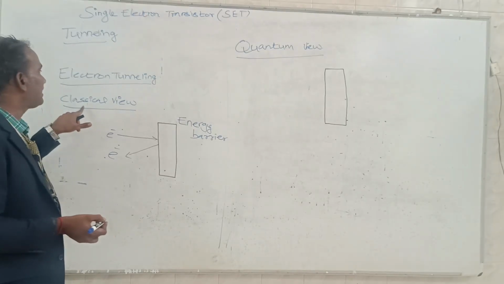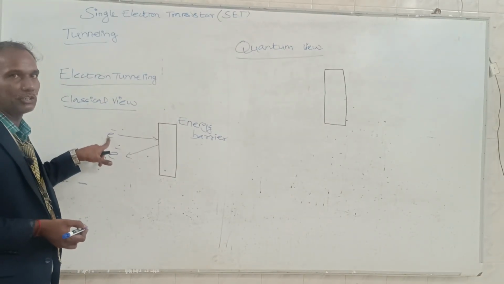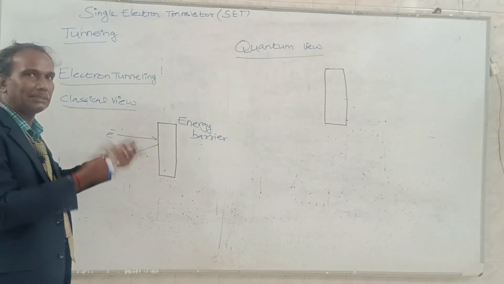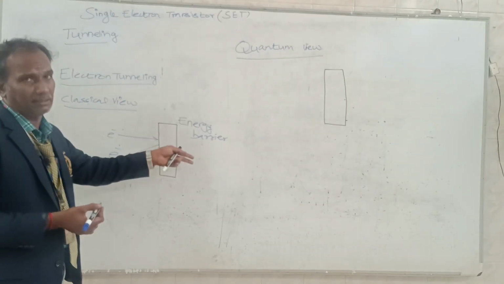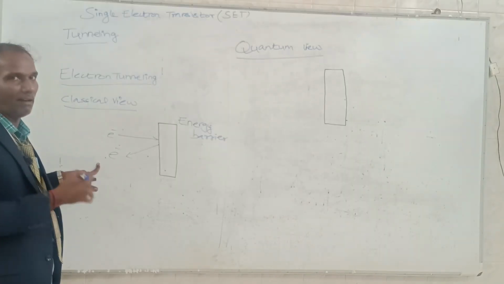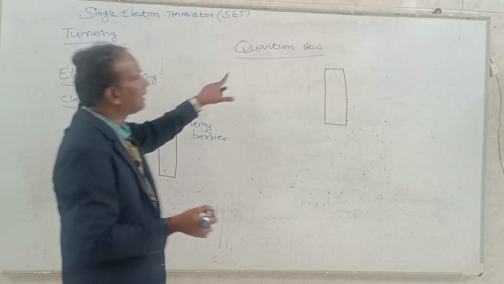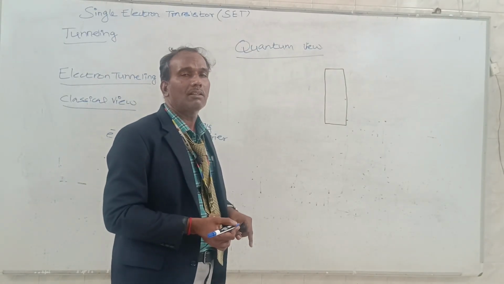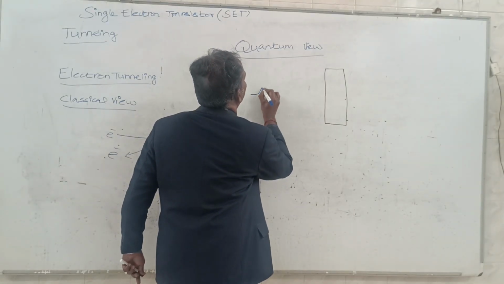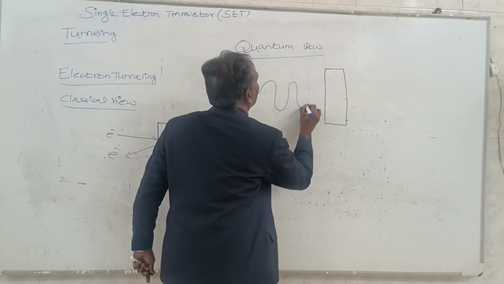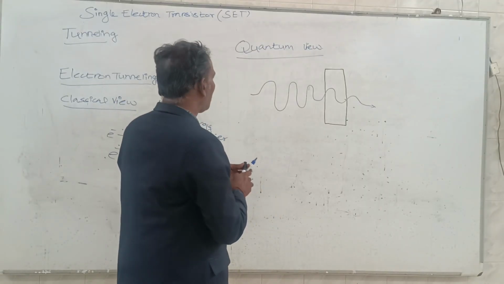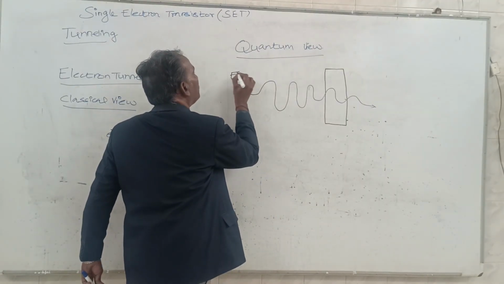In the classical view, the electron exhibits its particle nature so it cannot penetrate through the energy barrier. Whenever the electron faces the energy barrier, it will be reflected back like a ball from a wall, according to the classical view. But according to the quantum view, the electron behaves as a wave. So here it is called electron wave.